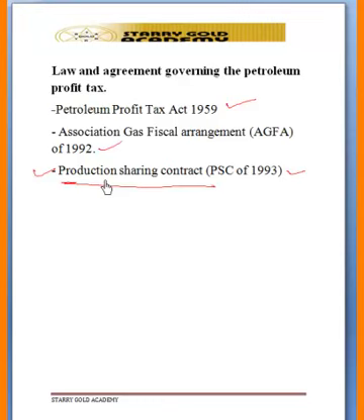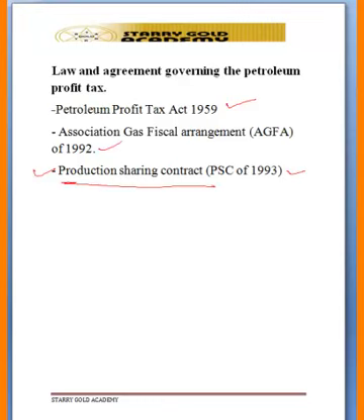The contractor bears all the risk. Now, if oil is found in a commercial quantity, the contractor will recoup its investment and cost of operation after deducting royalty and things like tax. The profit is shared on a pro rata basis.